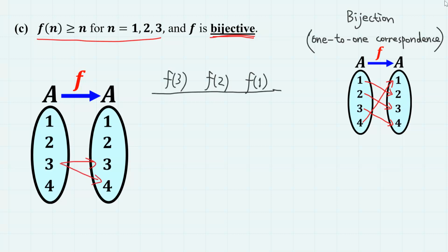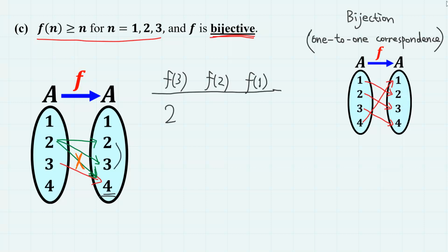In this set of rules, it is beneficial if we start with f(3). Here, due to the inequality condition, f(3) can be either 3 or 4, so we have 2 possible cases. Now f(2). Under the inequality condition, f(2) can be one of 2, 3, and 4, but excluding the value corresponding to f(3) due to the bijective condition.